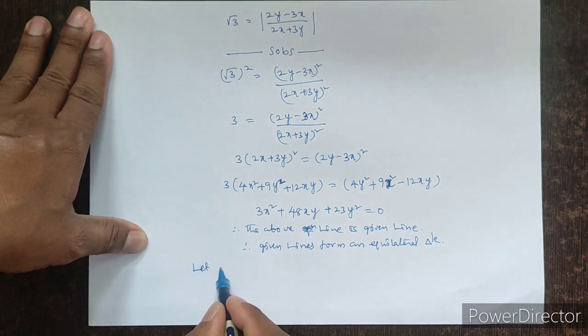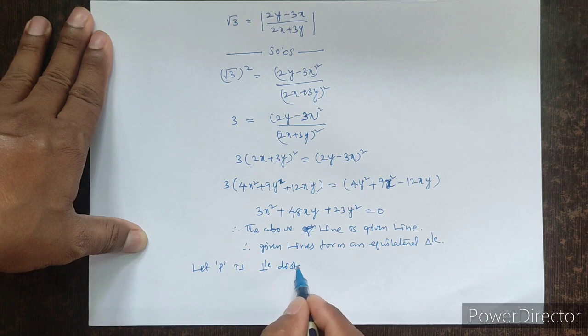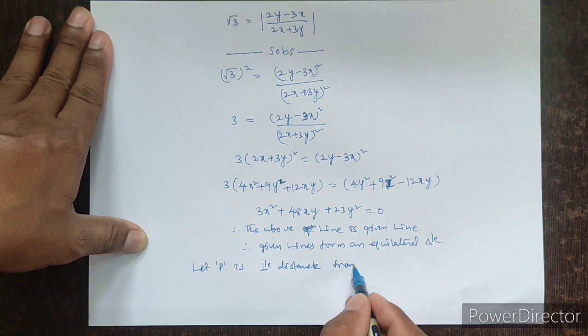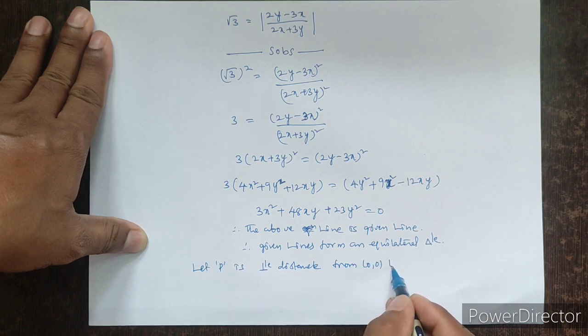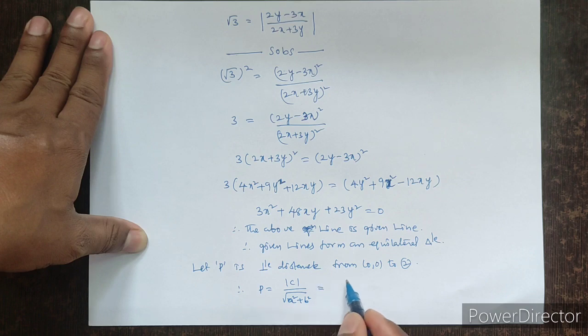Let P be the perpendicular distance from the origin to the given line, that is line 2. Therefore P equal to modulus C by root of a square plus b square. Here C is the constant, 13 in that line.